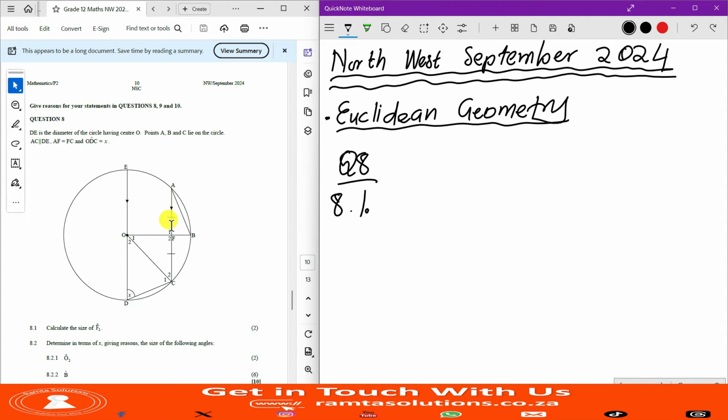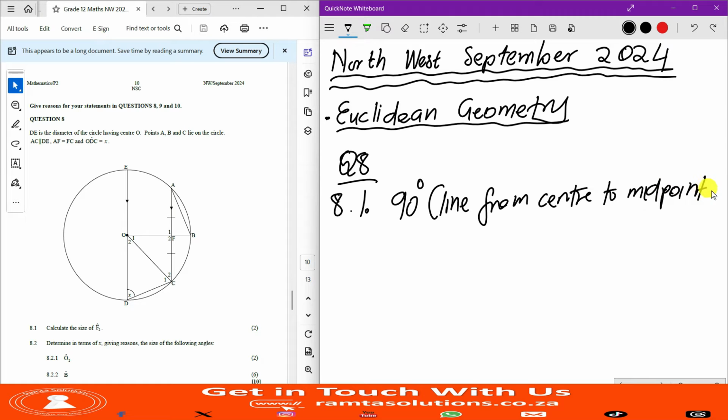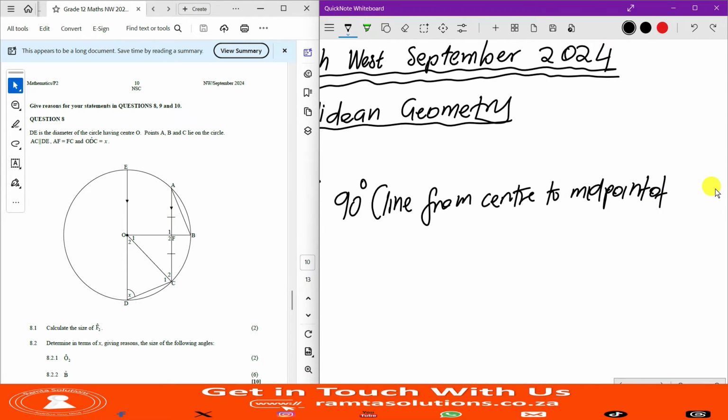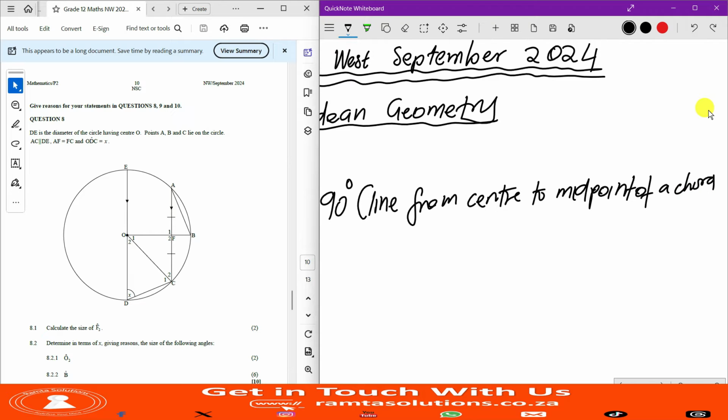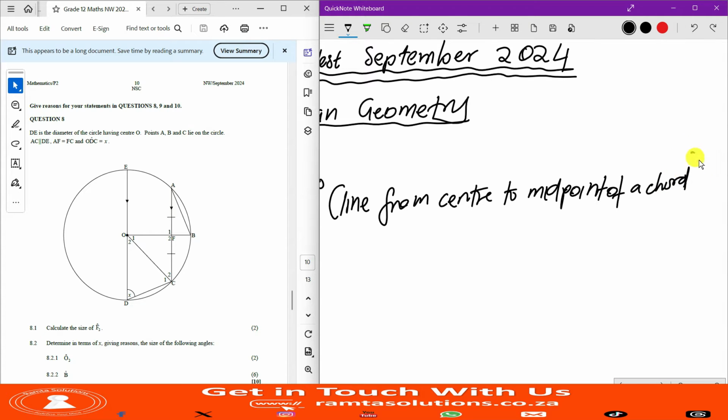Please do not say perpendicular from center. They did not say the size is 90 degrees. It was not given, so please do not say perpendicular from center. You can say this is line from center to midpoint of a chord. It's okay like this.